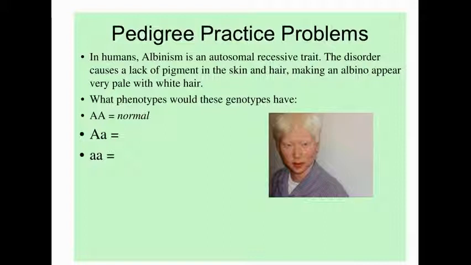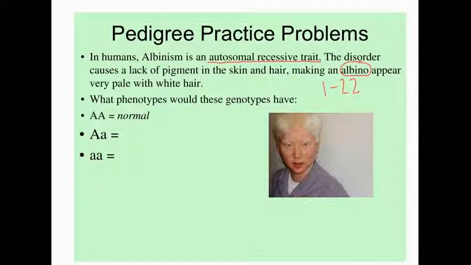The trait we're going to look at today is an autosomal recessive trait. Autosomal, so this is not sex-linked. This is on the autosomes. Remember, the autosomes were chromosome pairs number 1 through 22. This trait is called albinism, or being what's called an albino. It is a recessive trait.